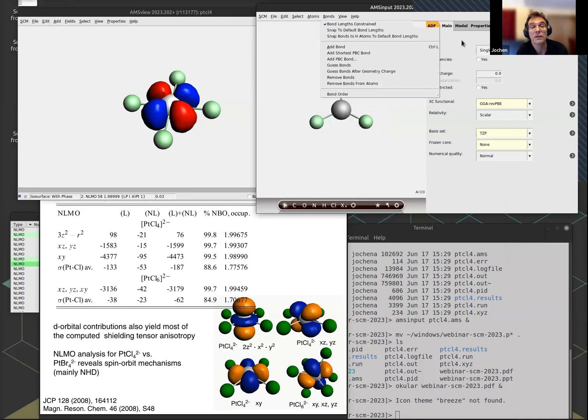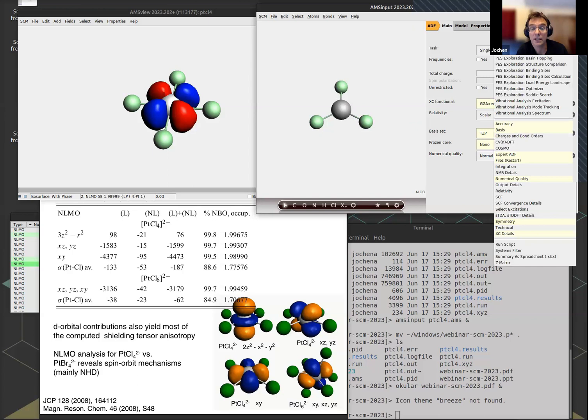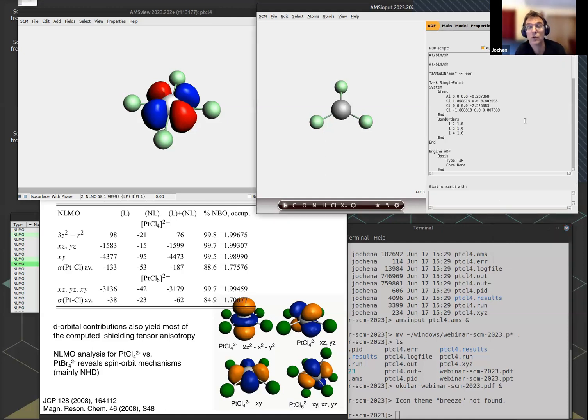And let me just look at one detail. Oh, here it is. There's an option to view the input that will actually be run. In this case, field gradient tensors only have scalar relativistic analysis, whereas we are in the process of implementing this for spin-orbit calculations.